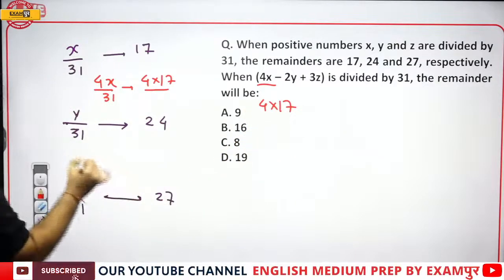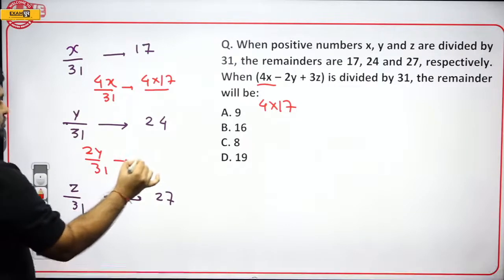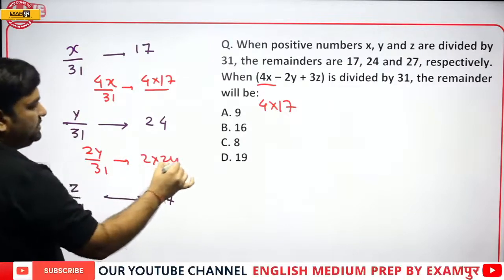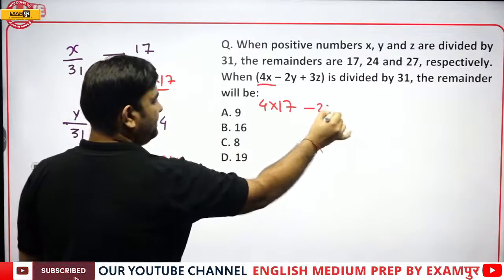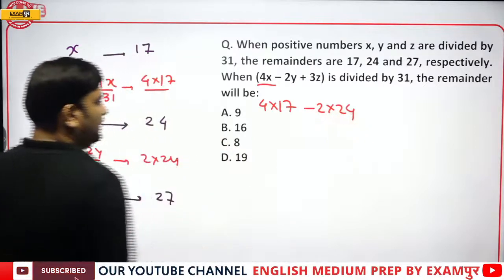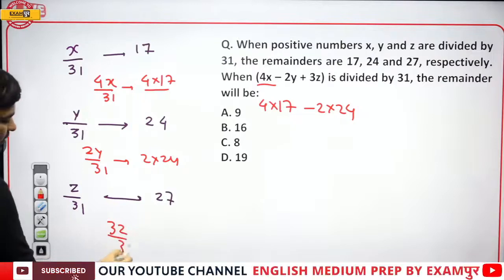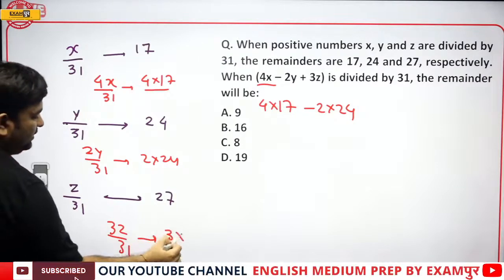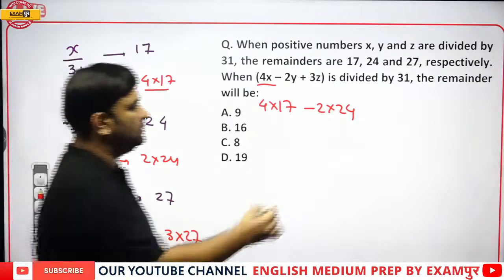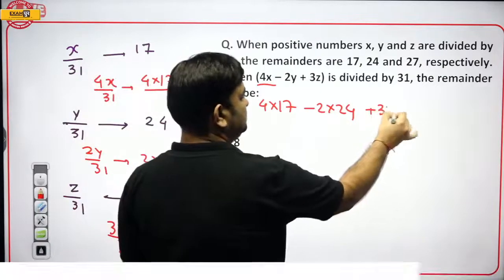If it is 2y, guys, then multiply the remainder by 2. If it is 3z, guys, then multiply the remainder by 3.